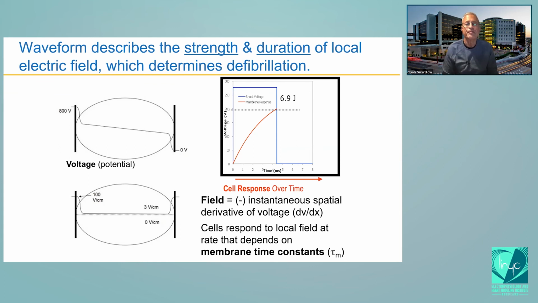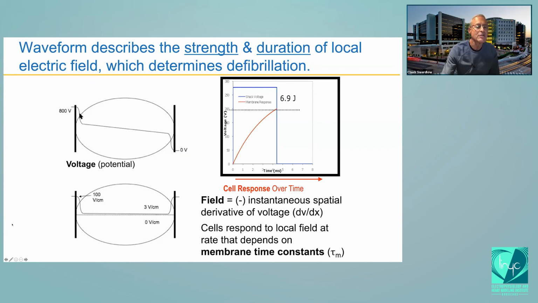So why do we care about defibrillation waveforms? Waveforms describe the strength and the duration of the local electric field at a cell. For example, this is a stylized example. I know you had a lecture by Dr. Efimov, and I don't know exactly what he covered, and Dr. Efimov is a genius, but he probably talked to you about electric field strength.